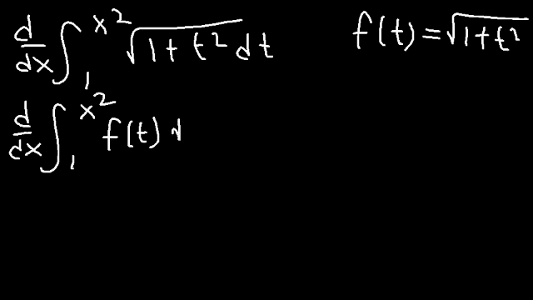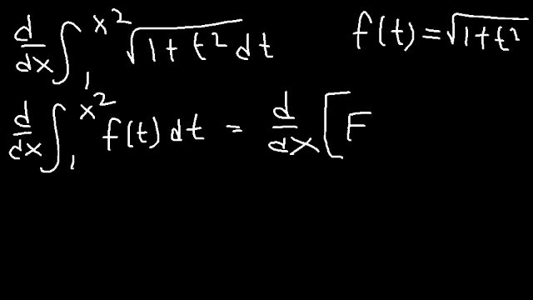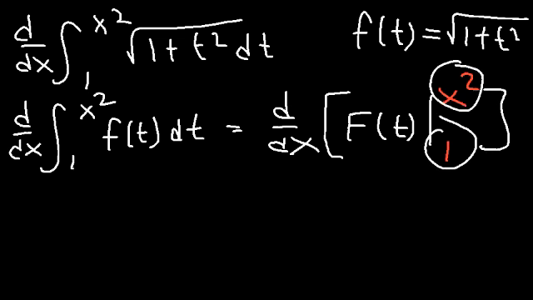The antiderivative of lowercase f is capital F. So this is going to be capital F of t evaluated from 1 to x squared. Now we're going to use basically the other portion of the fundamental theorem of calculus, where this is going to be F of b minus F of a.